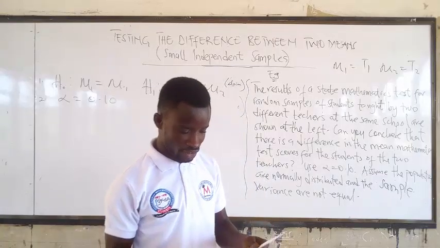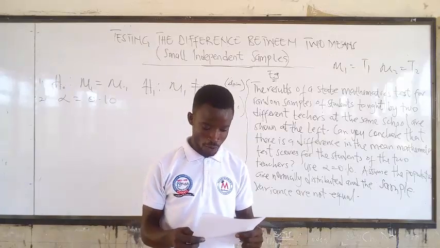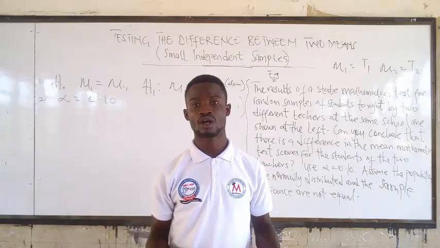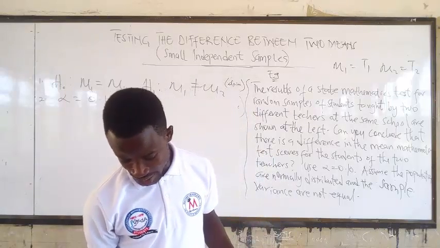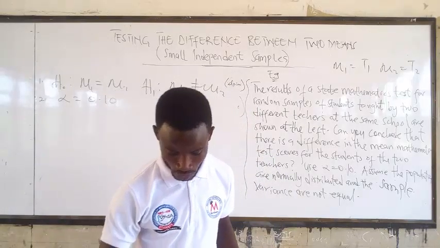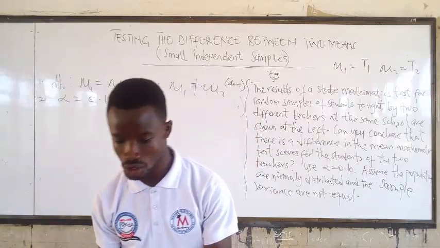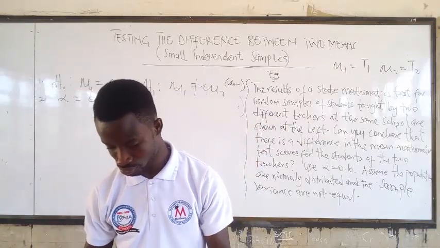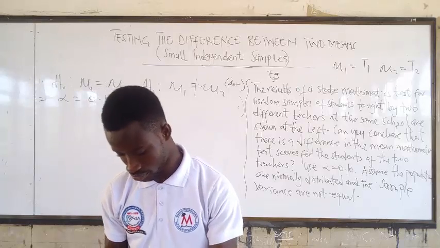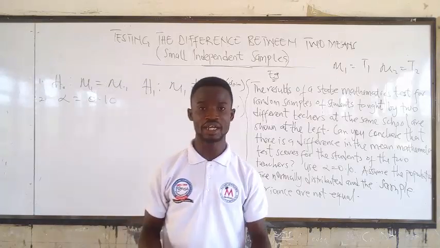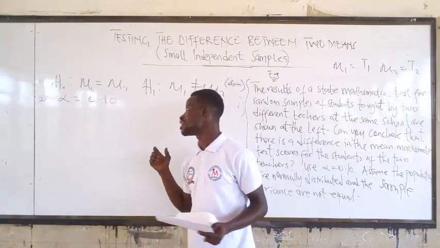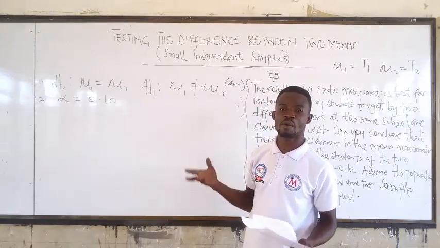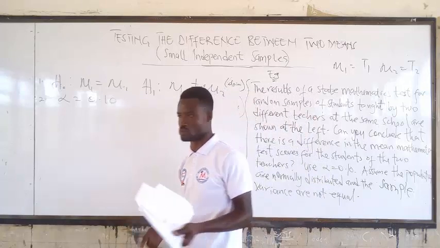And our degree of freedom here, which formula are we using? We have the case that the variances are the same, and a case where the variances are not what? The same. So in this case, we can see that the sample variance and the population variance are not the same.